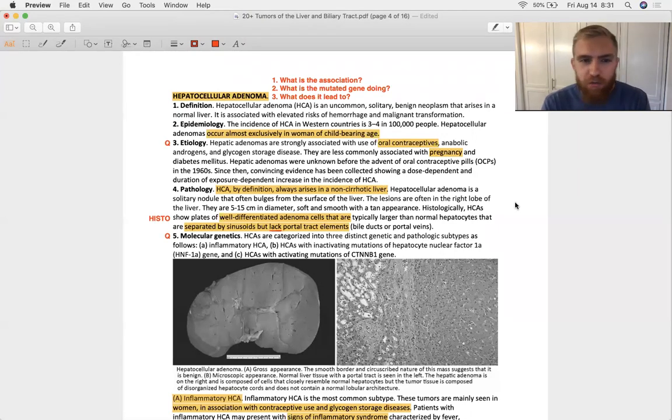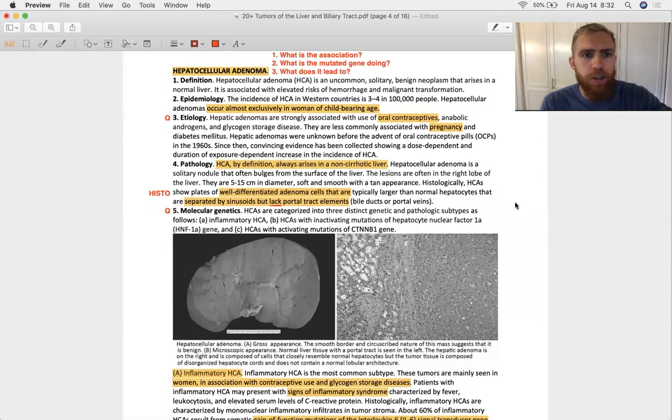So yes, it's related to glycogen storage disease. No, you don't have to go spend 20 minutes studying those. Know that it's related to oral contraceptives and pregnancies, because that's what the patient's going to look like. They're going to give you a patient with a hepatocellular adenoma, and she's going to be 28 and pregnant, you know? They're telling you exactly what the patient will be in this text.